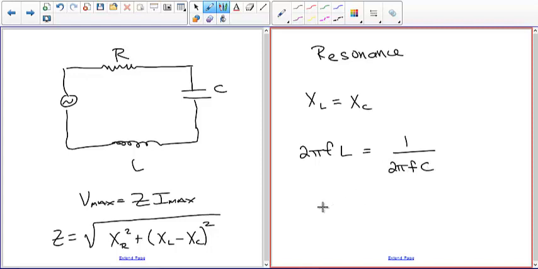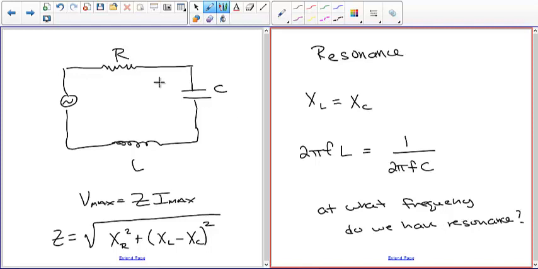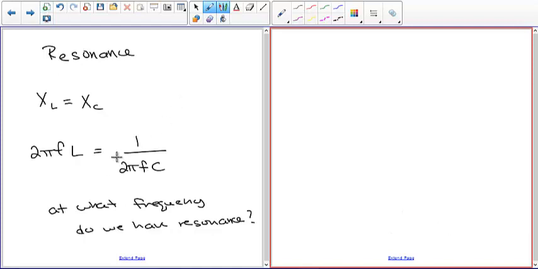So the question is, at what frequency do we have resonance? All we have to do is cross multiply, so we get 4 pi squared f squared L times C equals 1.